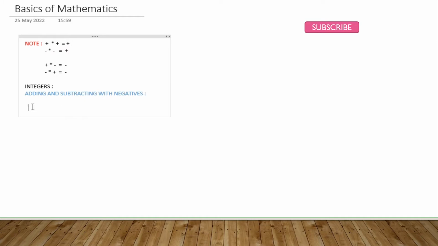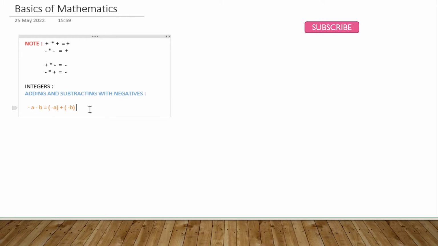If I take an example, minus a minus b can be written as in parenthesis minus a plus in parenthesis minus b. Do you understand?